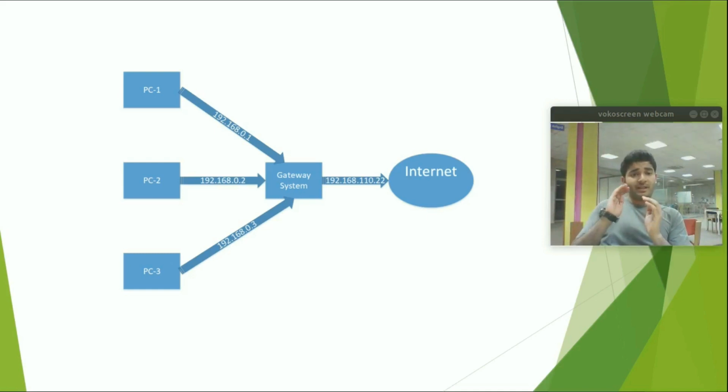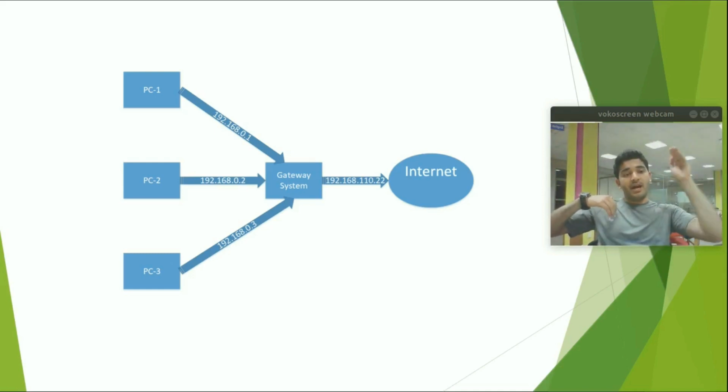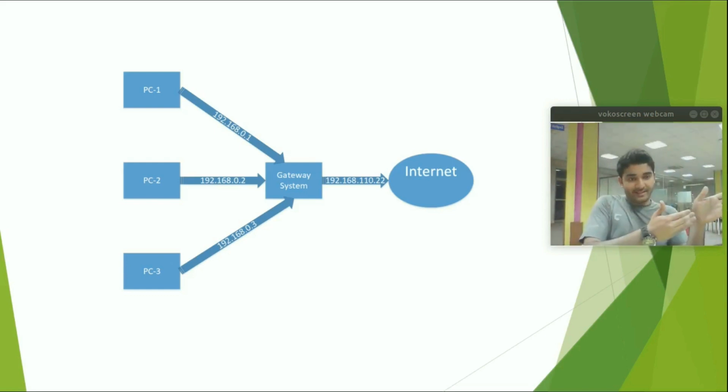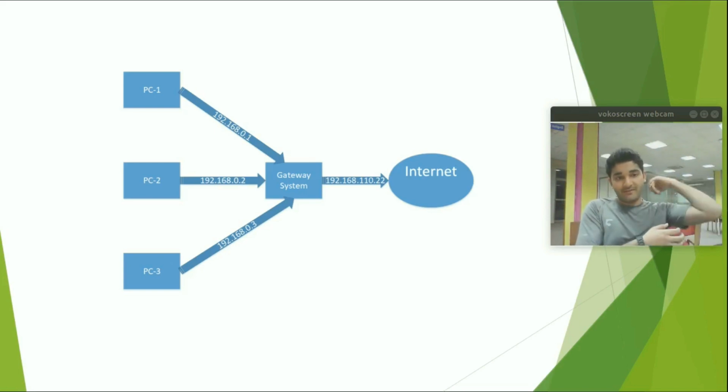Whenever a system sends a request to the internet, it goes through the gateway system. The gateway system replaces the IP address of the private system and sends the request towards the internet.